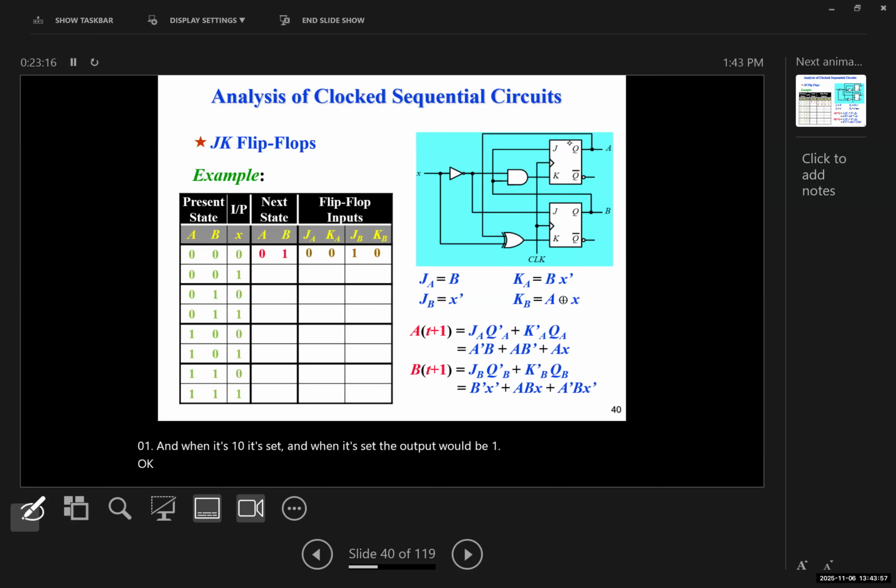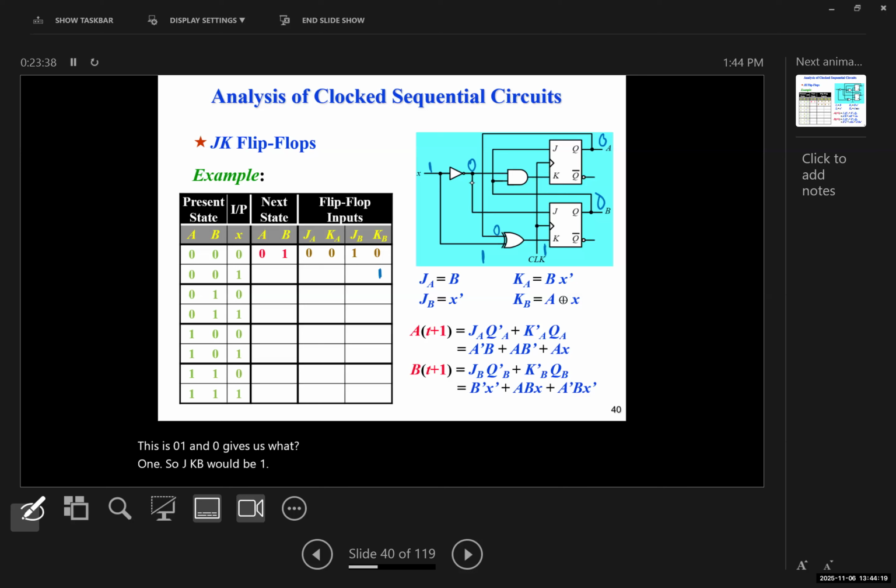Now let's solve it for the next scenario. A and B are both 0 again. So this is 0, 0, but X is 1. So if X is 1, X prime would be 0. This is 1. This is 0. 1 and 0 gives us what? 1. So KB would be 1.